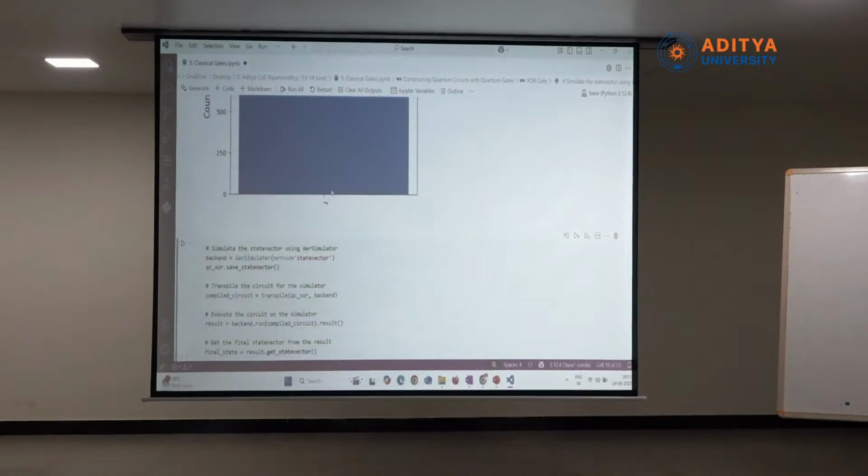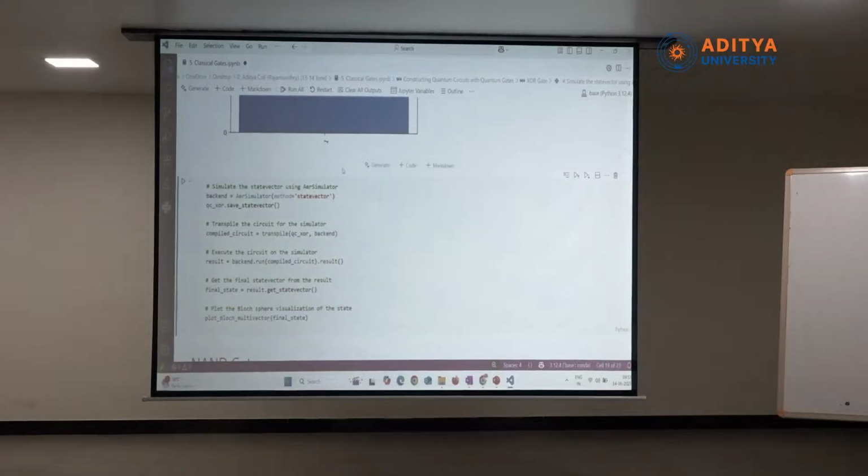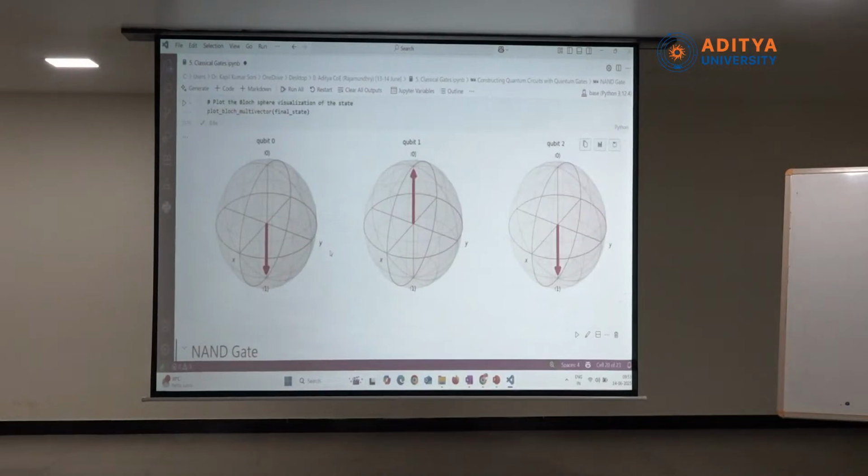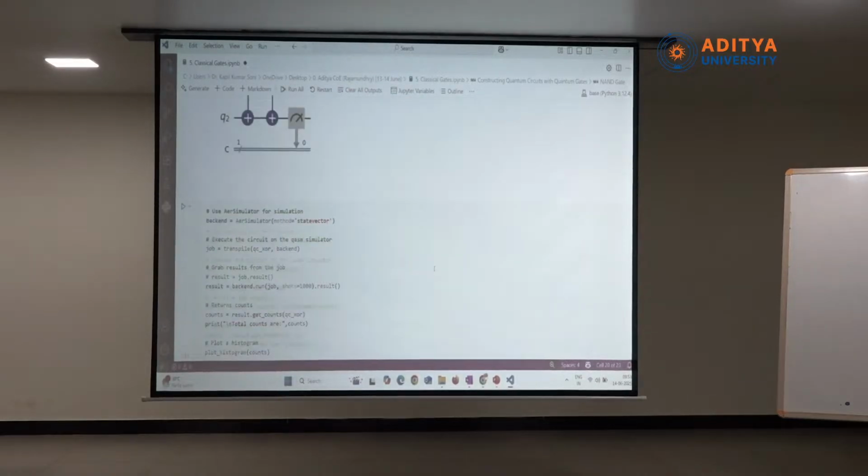We can include noise also, noise simulation is possible, but for the beginning purpose we just skip it. Now check: this is 1, this is 0. So for inputs 1 0, the output should be 1.